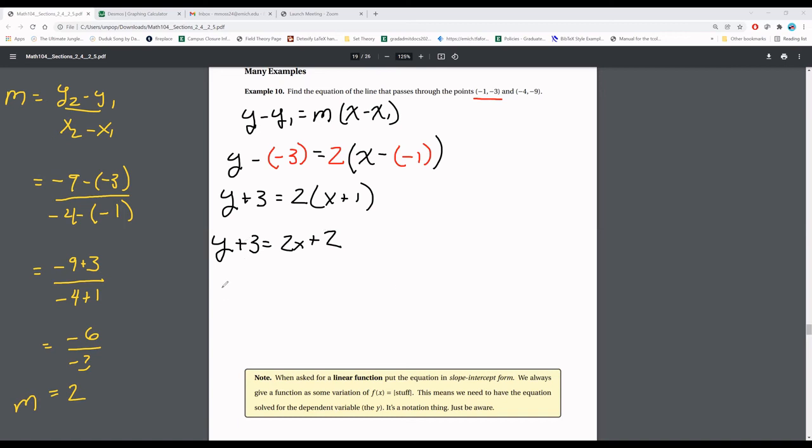Last thing I need to do if I want this in slope-intercept form is to subtract 3 from both sides. Subtracting 3 from both sides, that's a plus 2 minus 3 over here. That's y equals 2x plus 2 minus 3 is a negative 1.